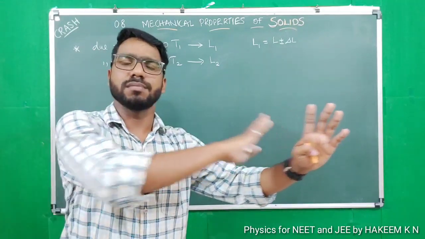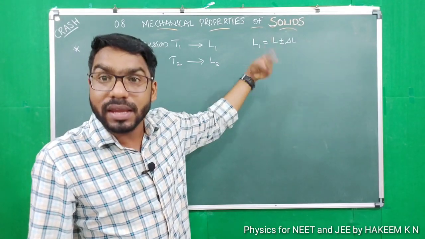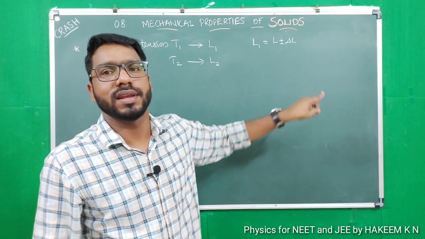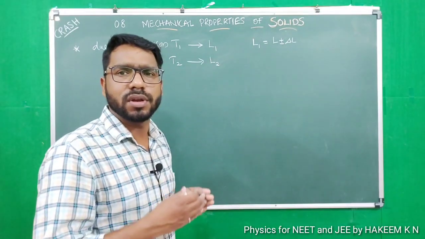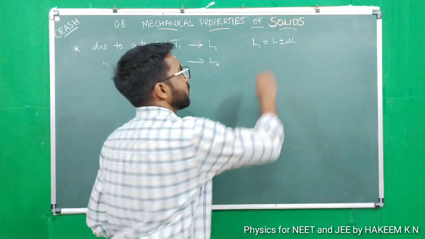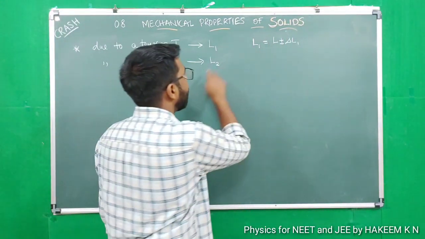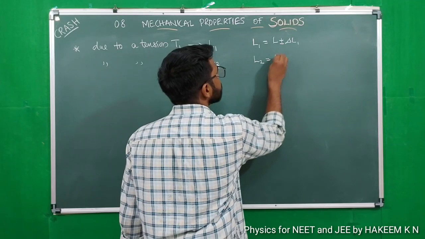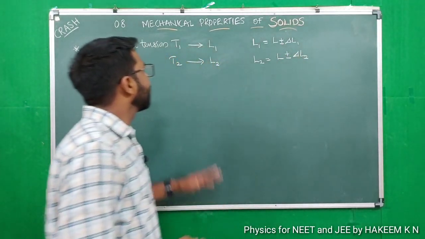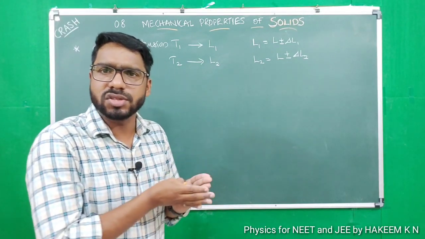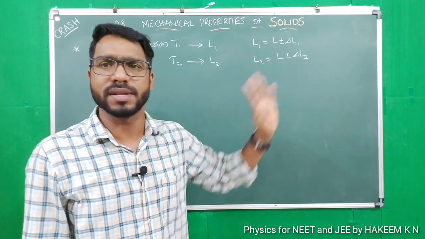If the stress is compressive, which reduces the length, then we write L minus delta L. So L1 equals actual length L plus or minus delta L1, and in the second case, actual length plus or minus delta L2. Here both tensions or forces are tensile, which increase length, so we consider only plus.